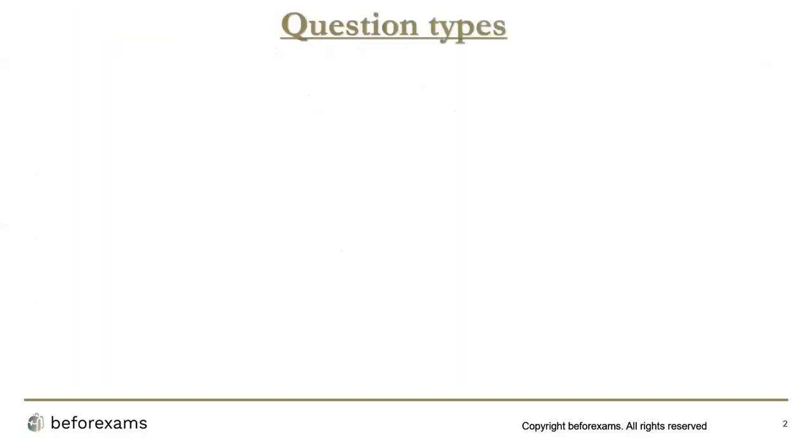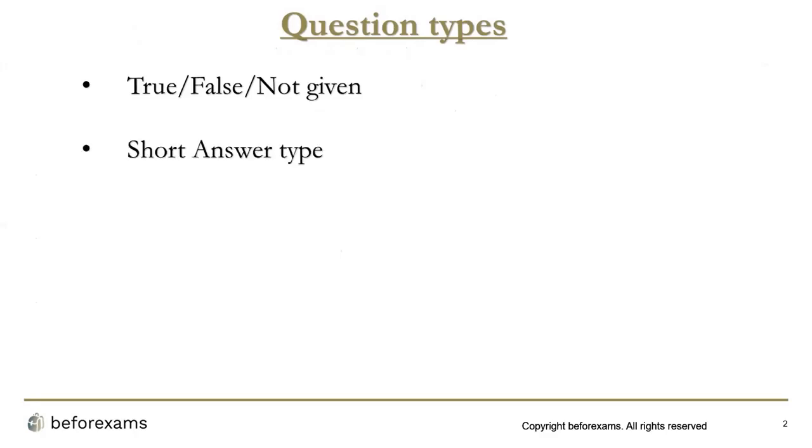First of all, we'll be learning about the types of questions. The first type is true, false, and not given questions. Then we have short answer type questions. Do not worry if you do not know what these questions mean, we'll be learning about them.